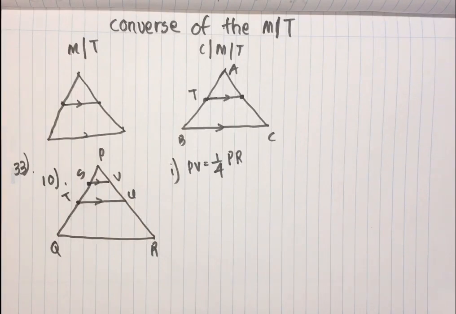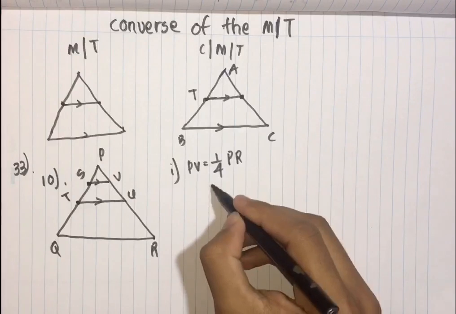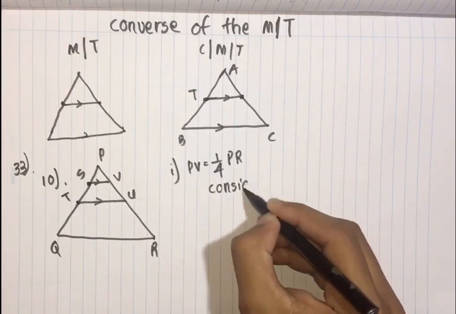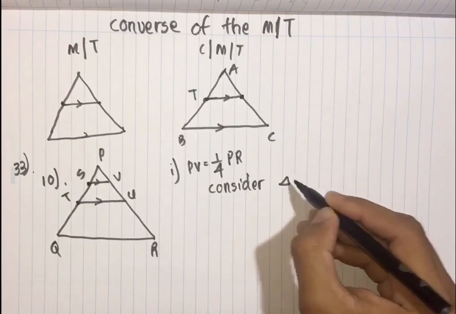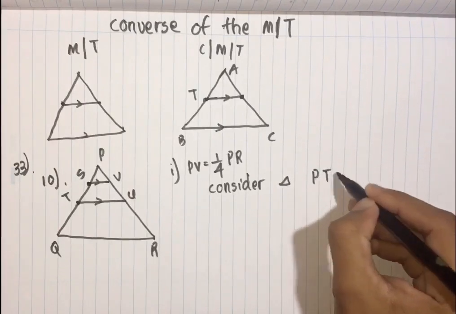Since you need a relationship between PV and PR, you can consider triangle PTU. Let us write a sentence. Consider triangle PTU.